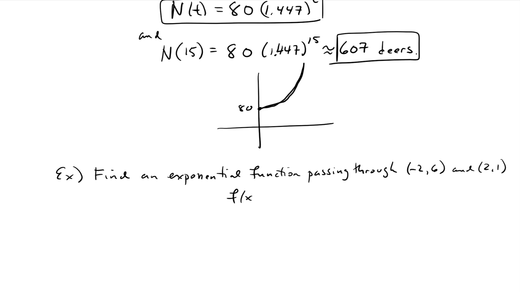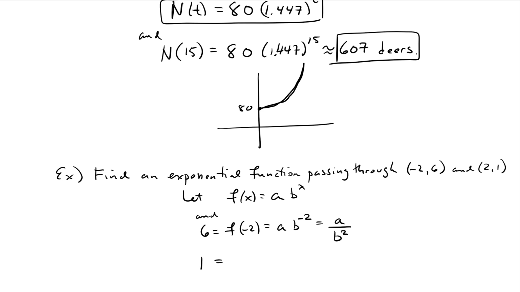So I'm going to call f of x equal a b to the x. Let this be my function, and f of minus 2 is 6. So that's a b to the minus 2, or if you prefer, a over b squared.